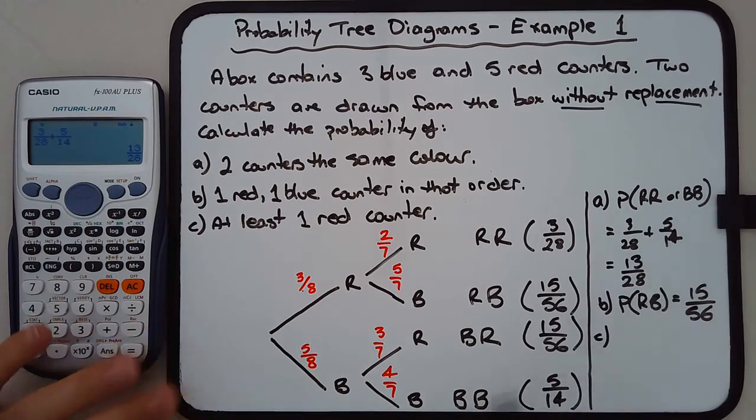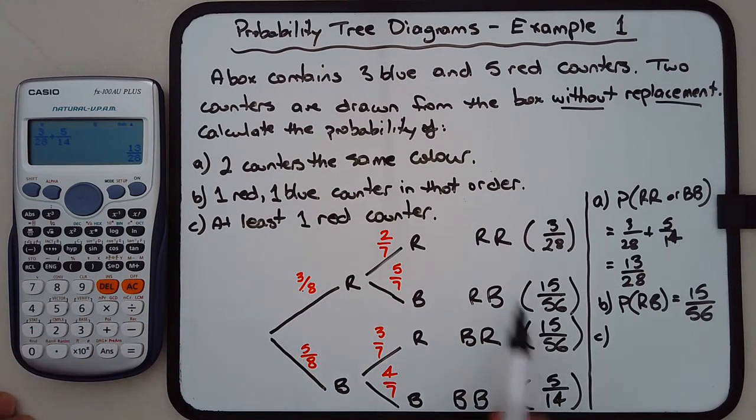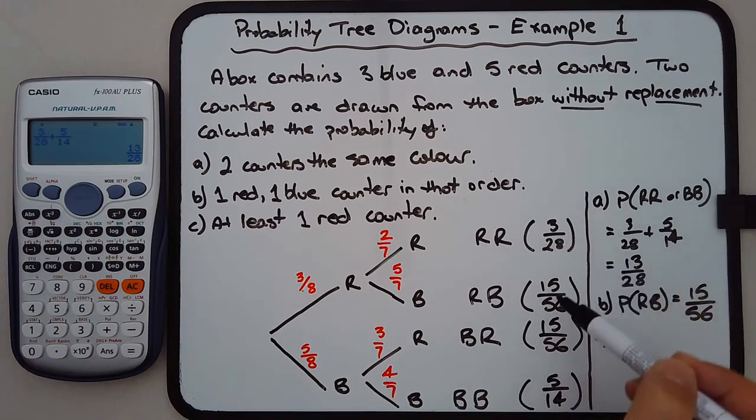And C, at least one red counter. In other words, the outcome has to have a letter R in it. At least one could be red, red; red, blue; or blue, red. There are two ways of doing that. You can add these three probabilities together, or you could look at the complement of at least one red, which is no red counters, which is blue, blue, and subtract 5 on 14 from 1.